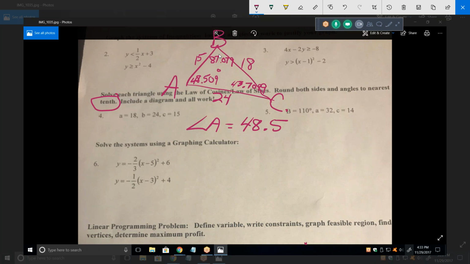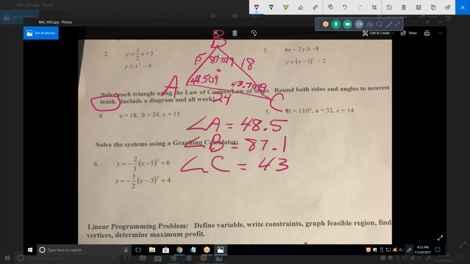You don't want to put the 0 in there. If you put the 0 in there, you're kind of indicating that you're rounding off to the nearest hundredth. And since they gave us explicit instructions, we want to follow them. What is angle B? 87.1. And what is angle C?